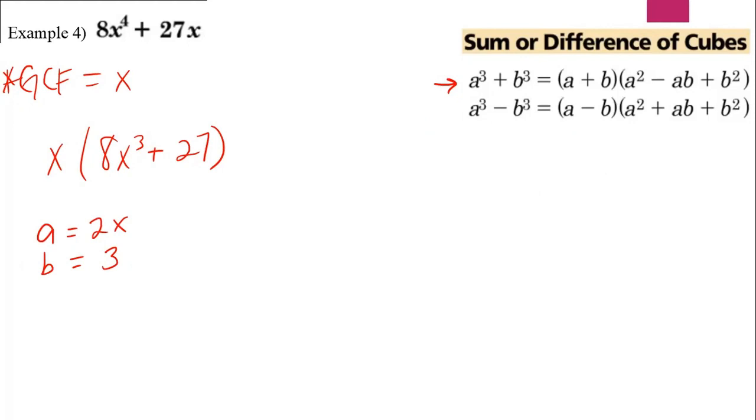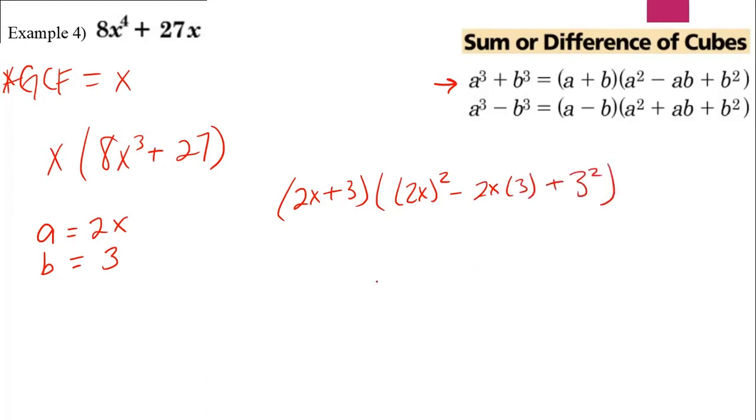I'm going to plug into A plus B because it's a sum. So we have 2x plus 3 times 2x squared minus 2x times 3 plus 3 squared. I literally just plugged in the A and the B.